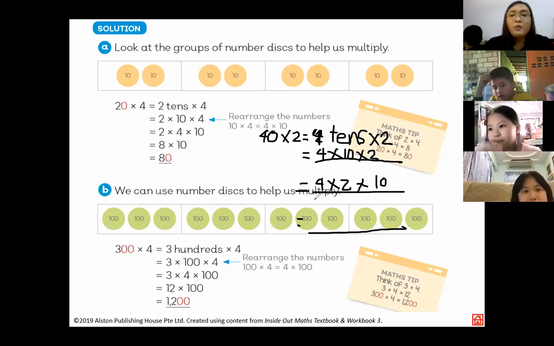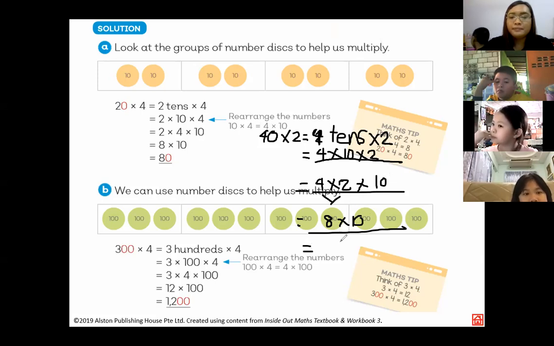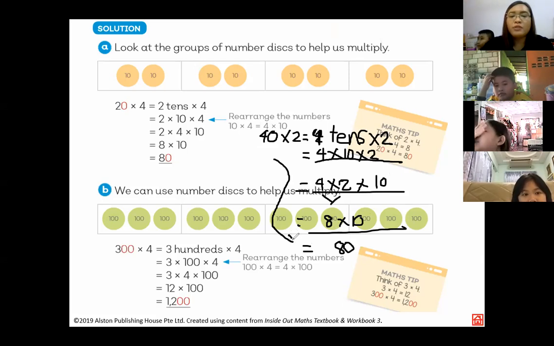And then what's next? 8, and then times 10. So what's the answer? 80. Okay, so 40 times 2, that's 80.